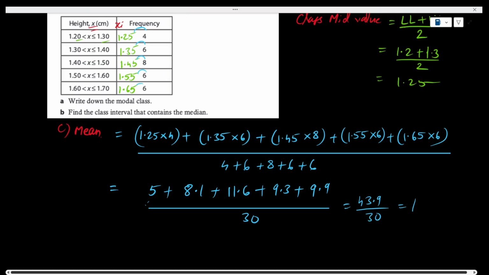Now you have to remember, whenever you are writing an answer, it should always have three significant figures.